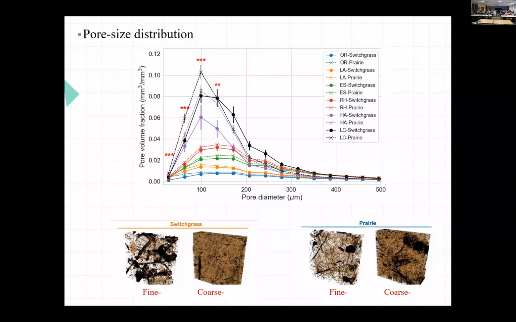What you see here is his overall pore size distribution data, the averages for his multiple sites and switchgrass and prairie vegetation. On the x-axis are pore diameters, on the y-axis are the volumes of the pores of these different sizes. That would be very typical of how one would present the pore size distribution results from CT scanning.